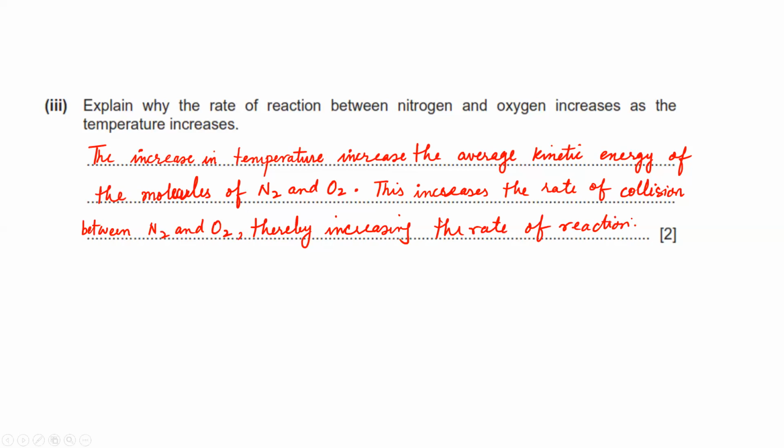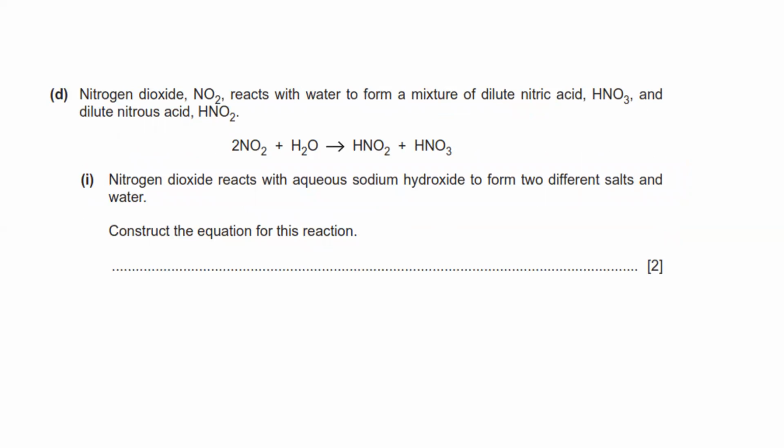Okay. So next, moving ahead, part D, it says nitrogen dioxide reacts with water to form a mixture of dilute nitric acid, HNO3, and dilute nitrous acid, HNO2. Then an equation is given. It says 2NO2 plus H2O is equal to HNO2 plus HNO3.